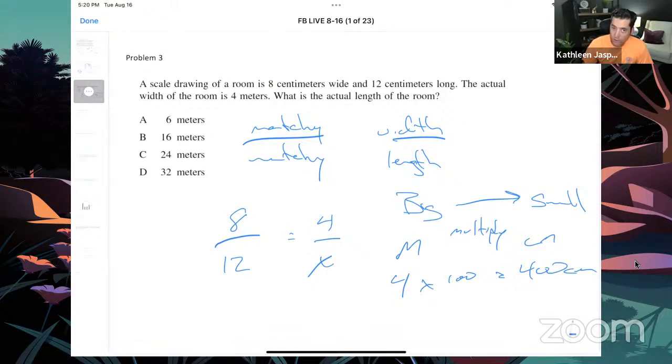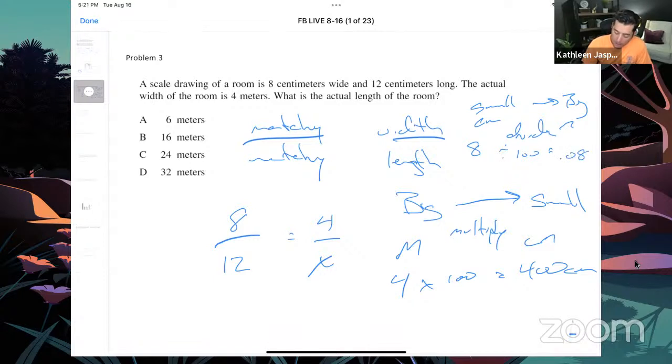If I need to go from centimeters to meters, then I would do the opposite. So if I want to go from small to big, centimeters to meters, then I divide. So I have 8 centimeters and then divide by 100. Well, that means I have, what is that, 0.8, just to make sure. 0.08.